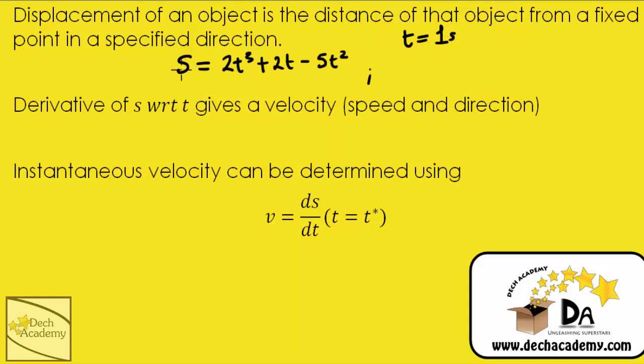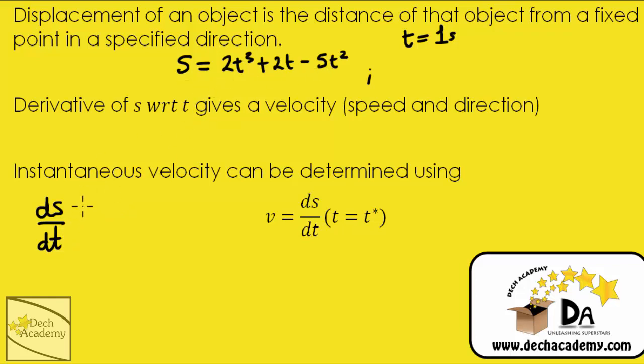The key thing is you have the displacement as a function of time, and if you differentiate this function, you get ds/dt, and this ds/dt gives you a function that tells you the velocity of the object at any time.